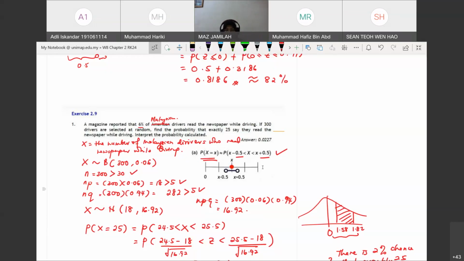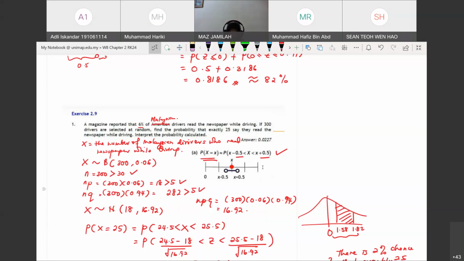But sometimes you can also use binomial. It is not wrong if you use the two approximations. But if the question asks you to use one specifically, say A, then you have to use A. Don't use other than A, because marks will be given based on the instruction given to you. Okay?